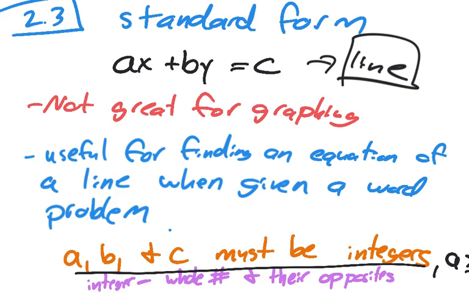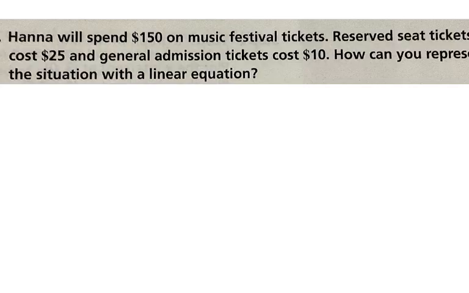Can't be negative. So really, B and C can be positive or negative whole numbers, but A has to be a positive integer.